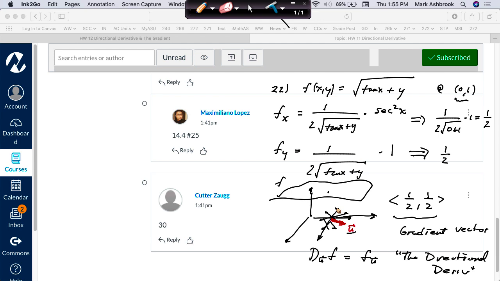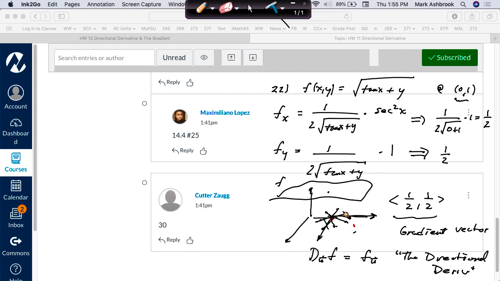So we did the math and we said, the gradient vector was the direction of max rate of change. Okay, so for this particular situation, it seems like you're focused on a calculation a little bit too much.